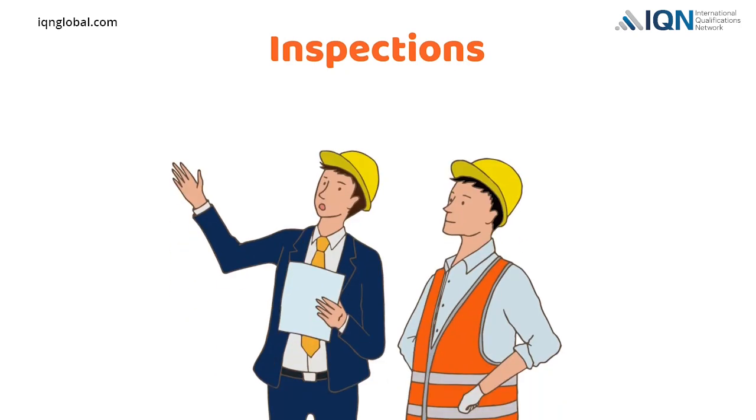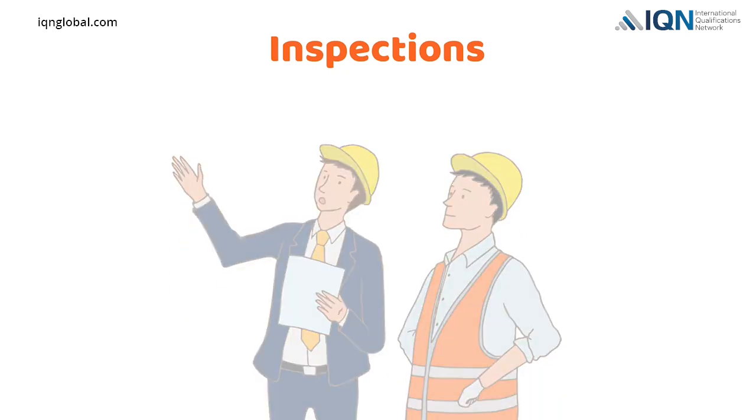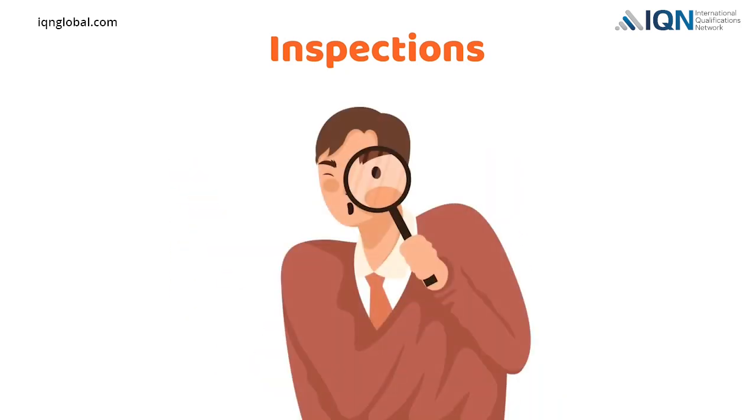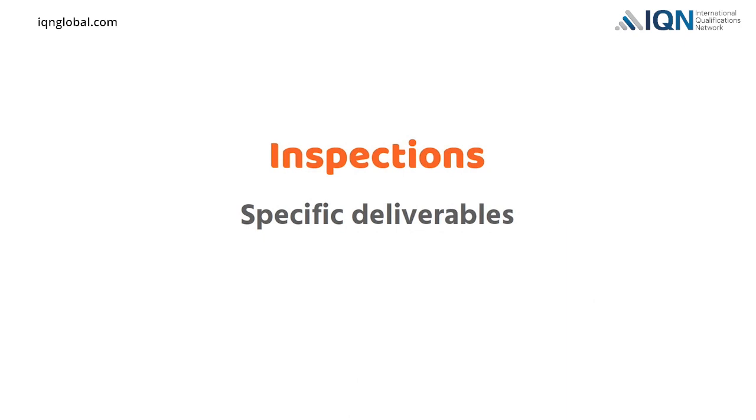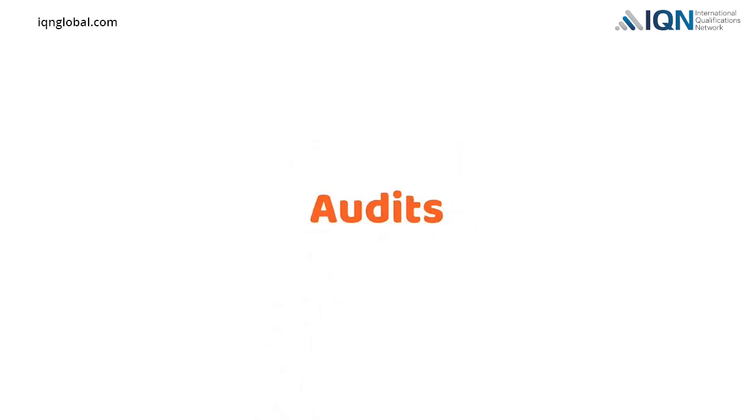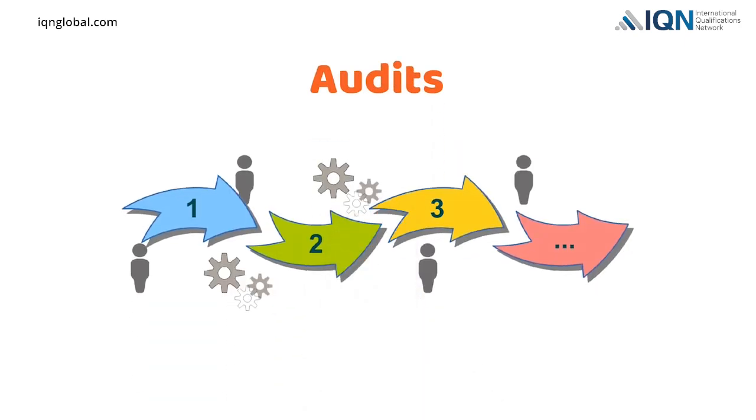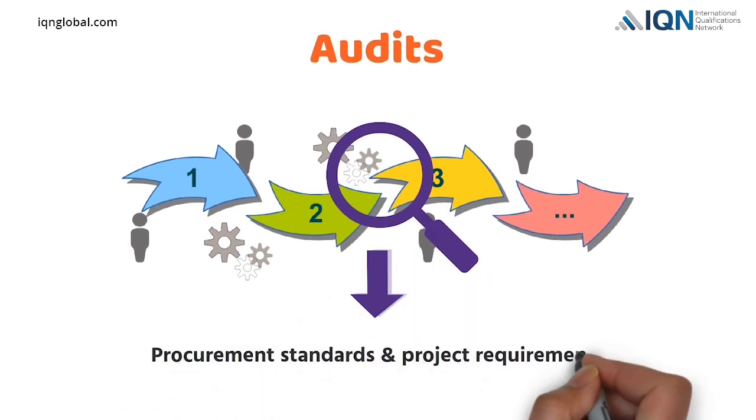Inspections may involve walkthroughs of the project worksite or physical reviews of the products or services delivered by the supplier. Inspections usually focus on the specific deliverables, but audits examine the overall processes used by the supplier. The objective of the audit is to ensure that the procurement complies with the procurement standards and project requirements.